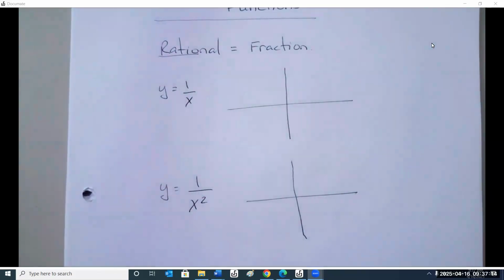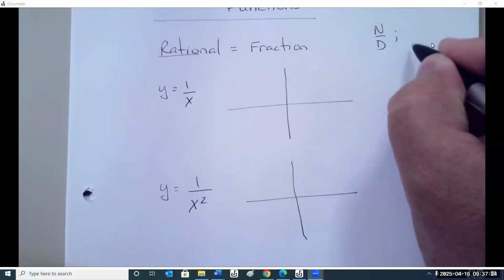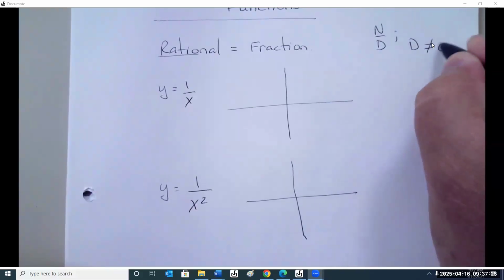Since it's a fraction, what's the only rule we have about fractions? Right. The denominator cannot equal 0.